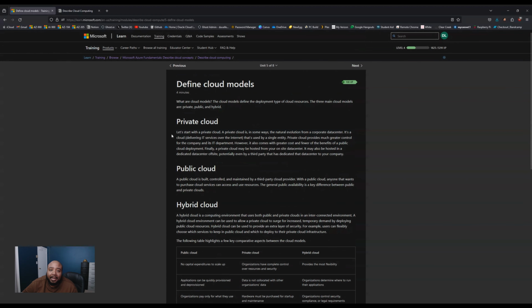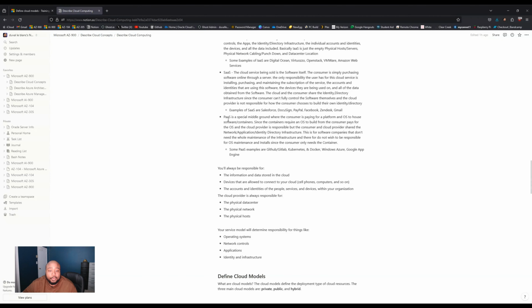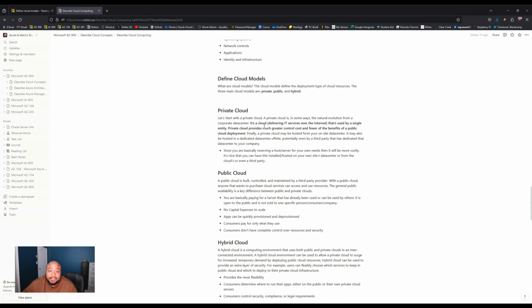So private cloud. If you go to my notes here, let's say there were 100 servers in a data center. Let's take a step back. If there's 100 servers, the public has the ability to use all 100 for the public cloud. Any one of those is theirs to grab, right?